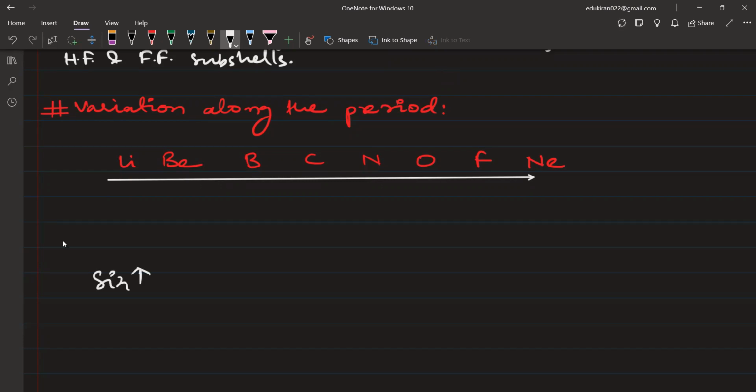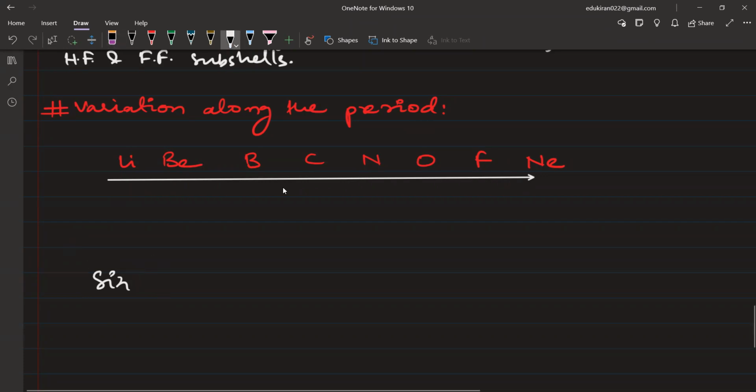Away. So it will be easier to remove an electron which is away from the nucleus. Okay, fine, though your first statement is wrong. I said in the beginning, size is decreasing.